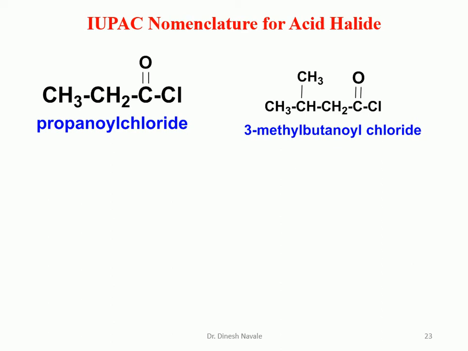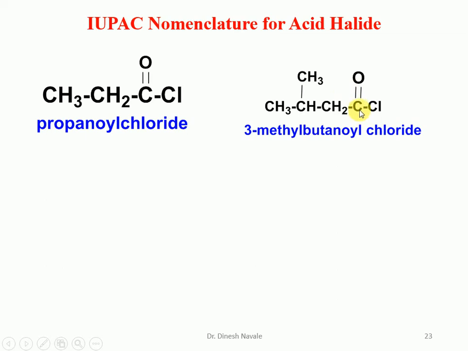The next nomenclature that we are going to see: we have to find the longest carbon chain. It is carbon number 1, 2, 3, 4, so it is butanoyl chloride. And a substituent is there at the third carbon, so it is 3-methyl butanoyl chloride. First we have to decide the longest carbon chain.